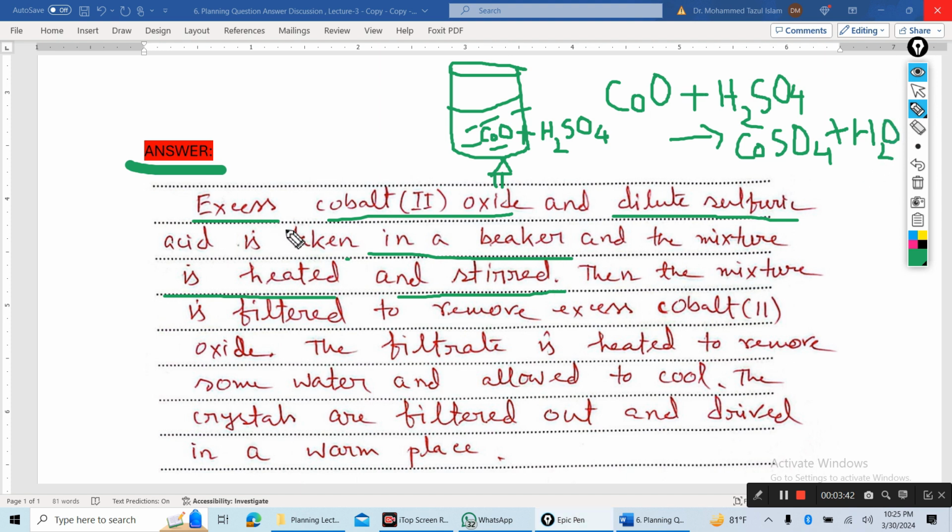So listen, excess cobalt(II) oxide and dilute sulfuric acid are taken in a beaker and the mixture is heated and stirred. After heating, you will see cobalt(II) oxide reacts with sulfuric acid to form cobalt(II) sulfate solution, aqueous, and water.